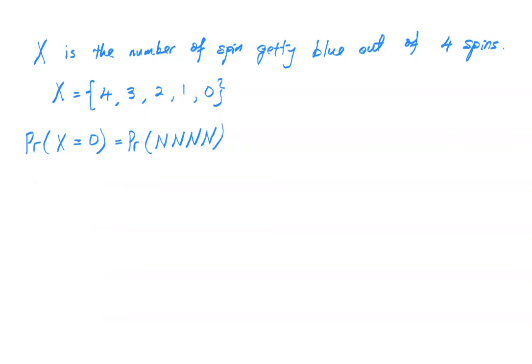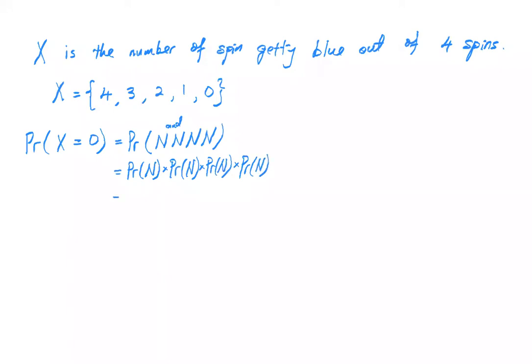So when you talk about probability, when you talk about independent trials, when you have the word and, that means the probability for all 4 spins to be not blue happening at one go will be the probability of not getting blue for the first spin times the probability of not getting blue for the second spin times the probability of not getting blue for the third spin and also the fourth spin.